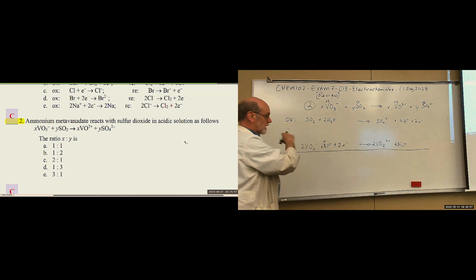And no hydrogens and no waters evident in the equation. But we're told it's in acidic solution. We have to be told that, otherwise you can't tell it from the equation. If you're just given that equation, you can't tell if it's acidic or basic. That's one of those odd cases.